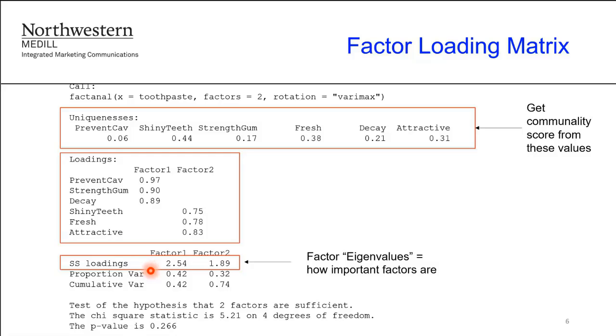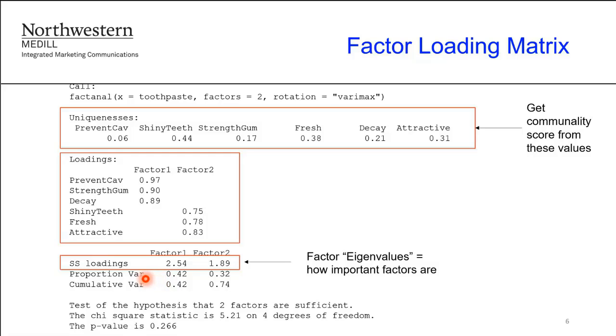And what about the proportion variance? From the proportion variance, we see how much of the variance is explained by each factor. So how do we interpret this one?